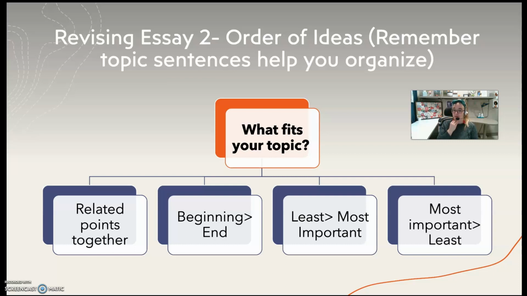Do I want to put my ideas from beginning to end? Maybe I'm not doing a story necessarily, but in my case, I talk about why I love baking. Maybe I want my most important point first, or maybe I want to group points together.